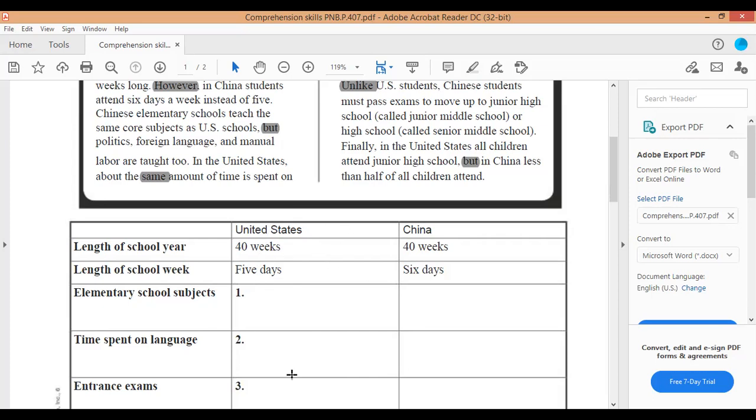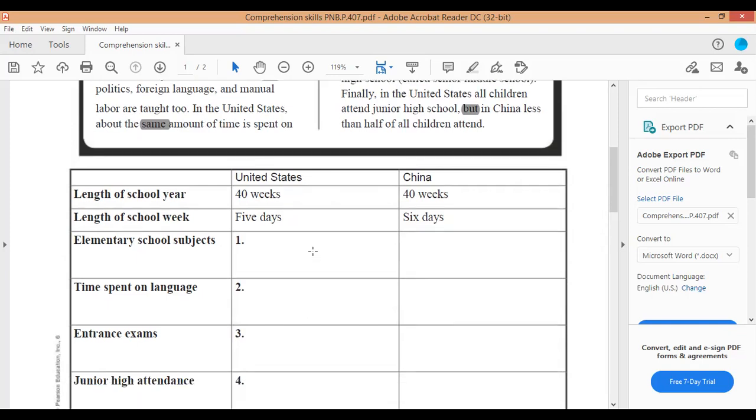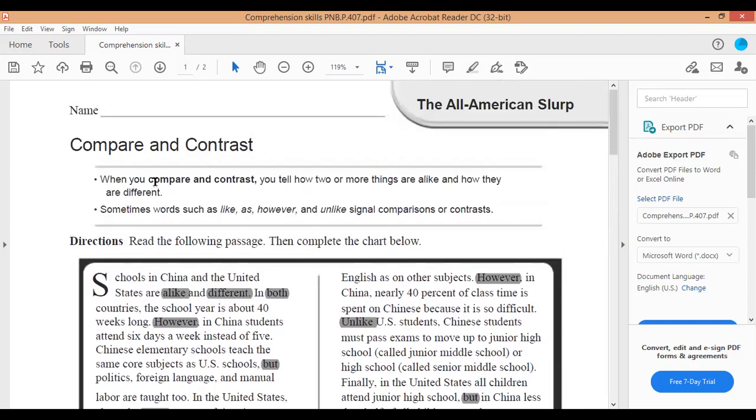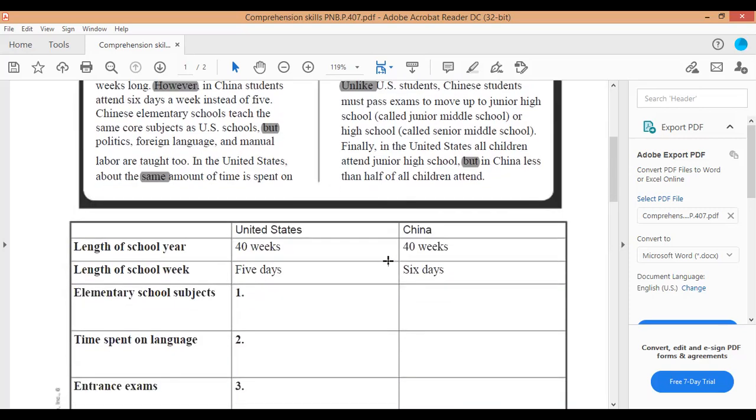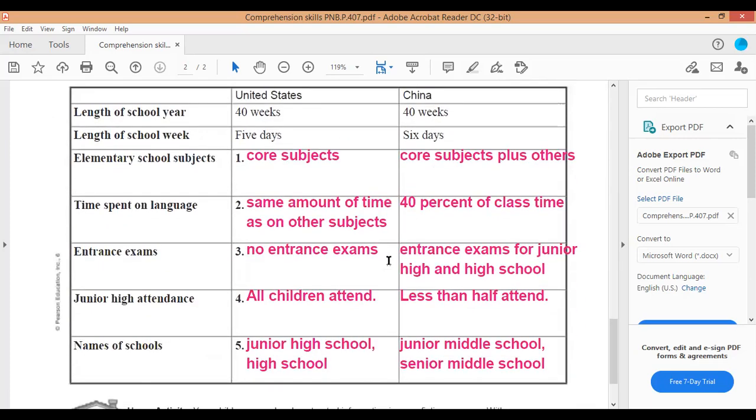The things that are shared, similar together, will be in the part of comparing, but contrast will indicate the difference between two things. So as we said before, when you compare and contrast, you tell how two or more things are alike and how they are different. Now I can show you the answer to this part to be able to copy it in your part.